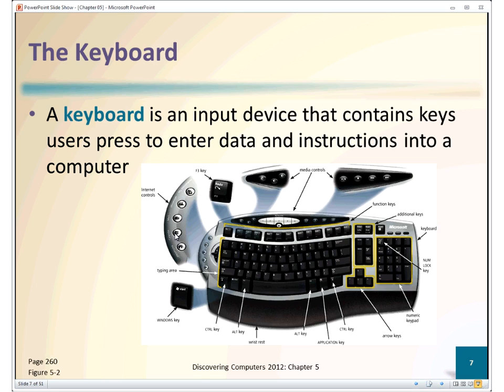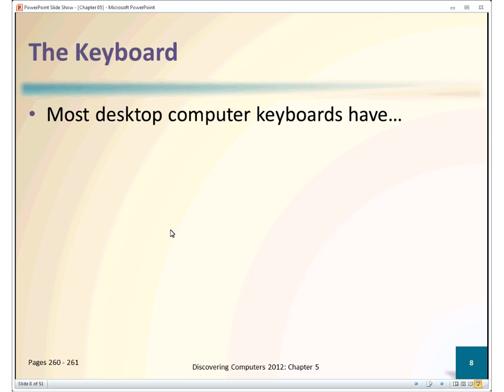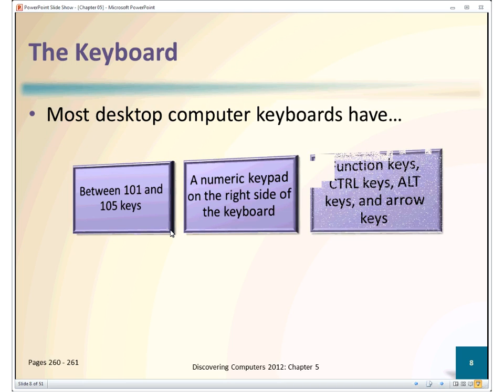Computer keyboards now have a lot of extra functions as well. There are between 101 to 105 different keys in the keyboard, a lot more than what we have in the original typewriter.